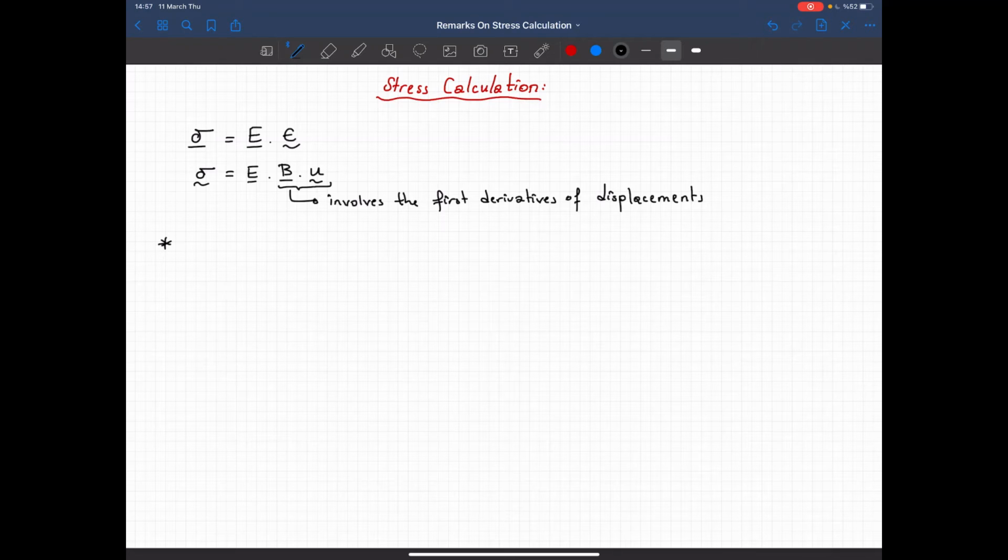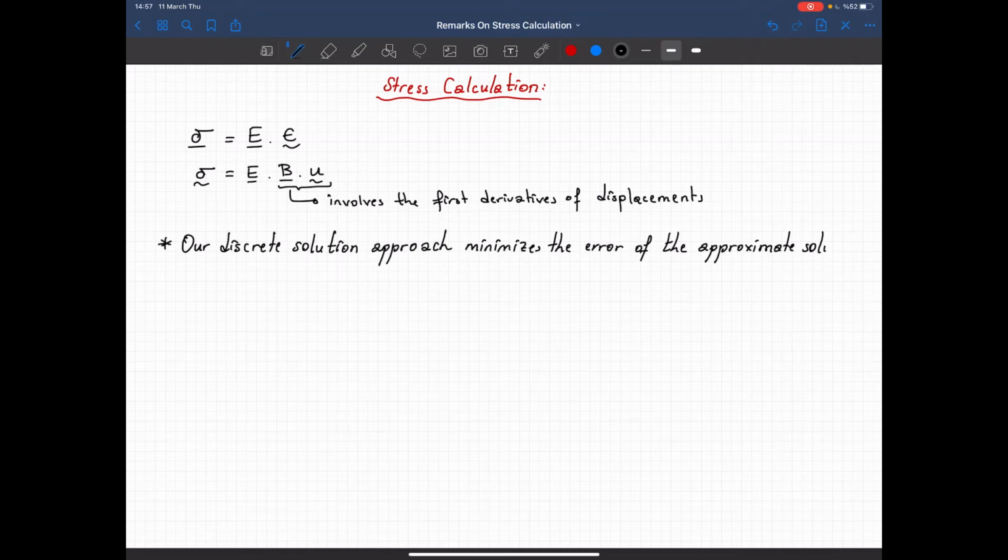And also let's remember that our discrete solution approach minimizes the error of the approximate solution and forces the equilibrium condition only at nodes, okay?